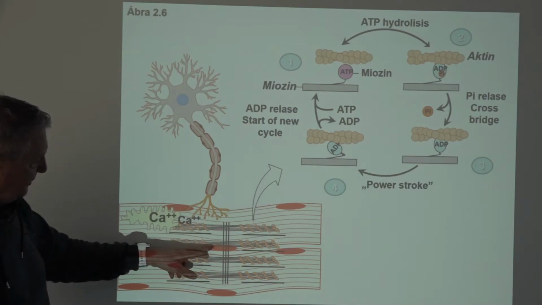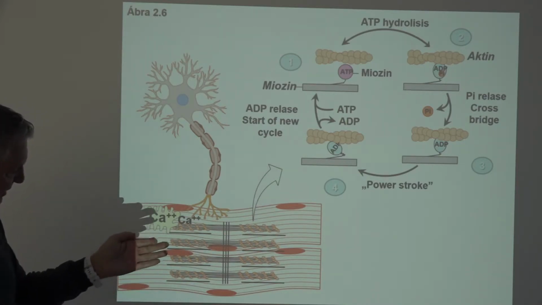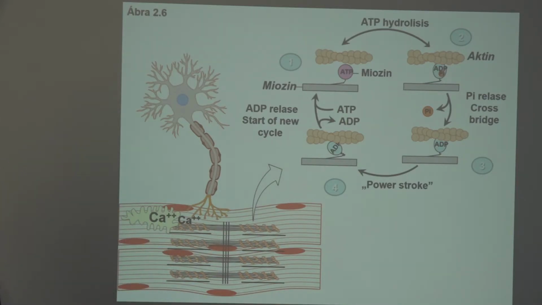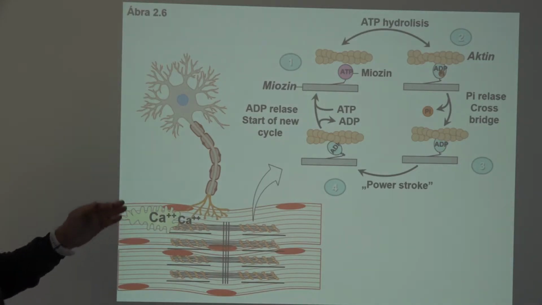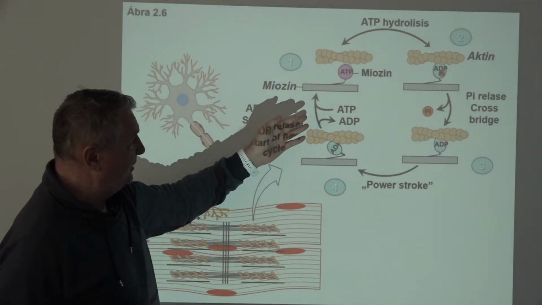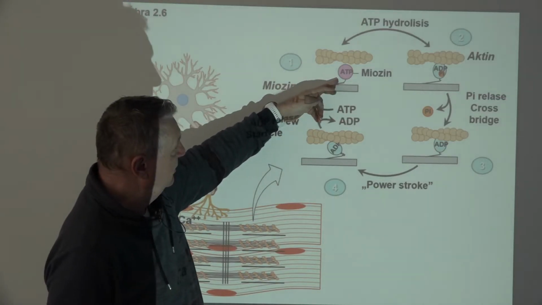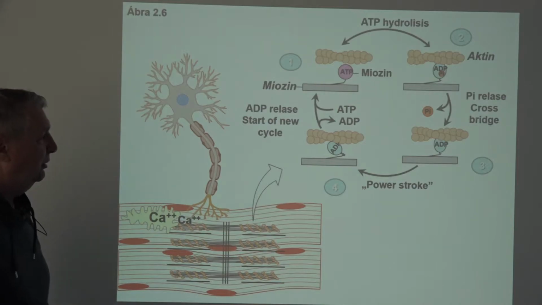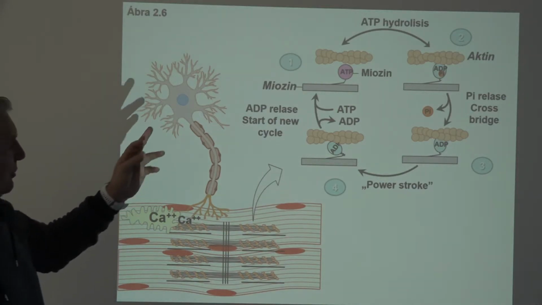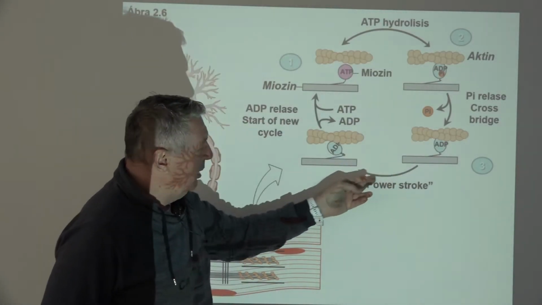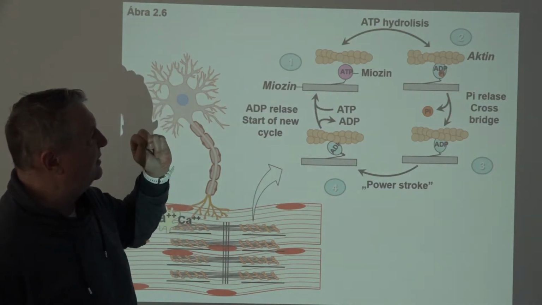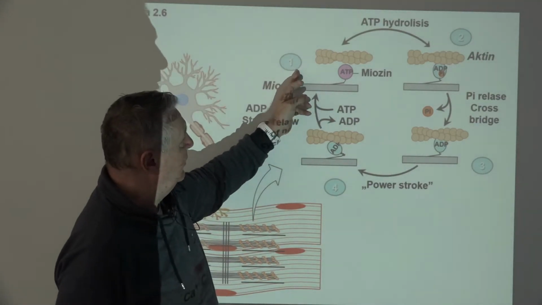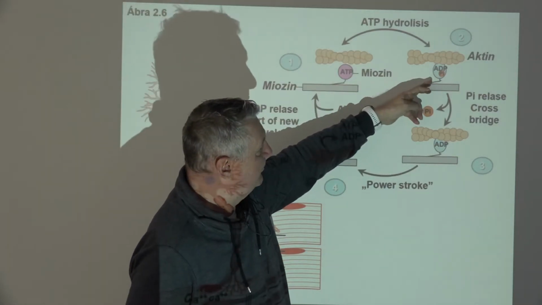Then it gets into the troponin, we have seen, and the troponin is going to change the position, and myosin here can be attached to the actin.